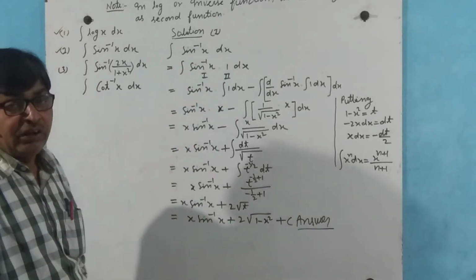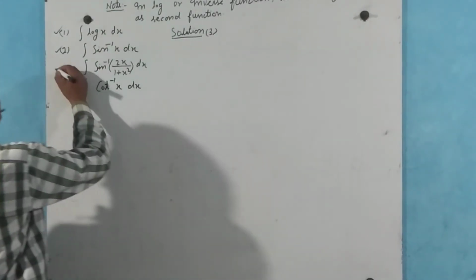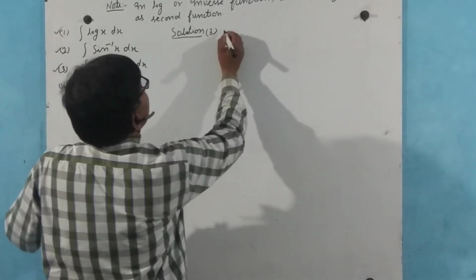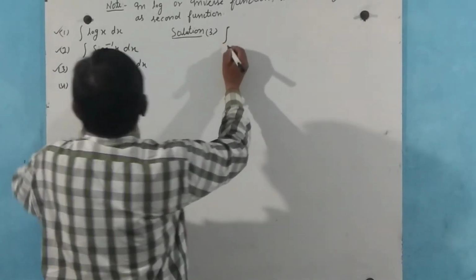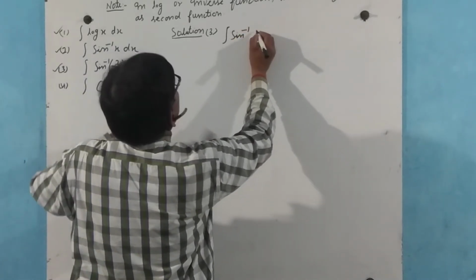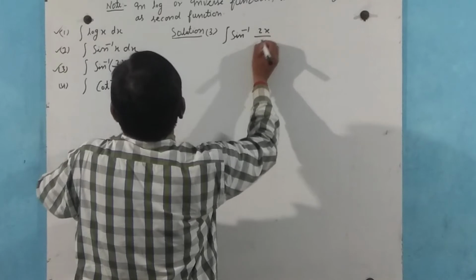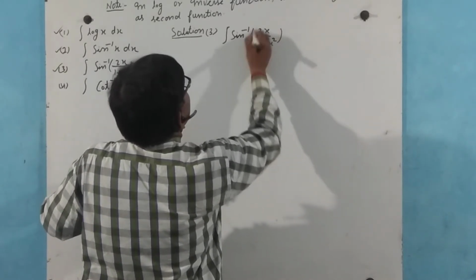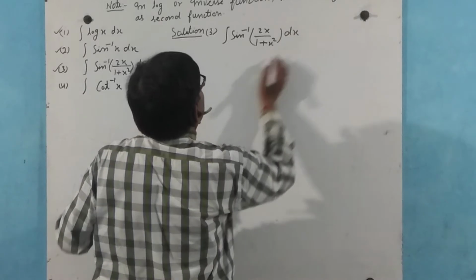Now we take another example, third. Solution of third: integration of sin inverse 2x divided by 1 plus x square dx.